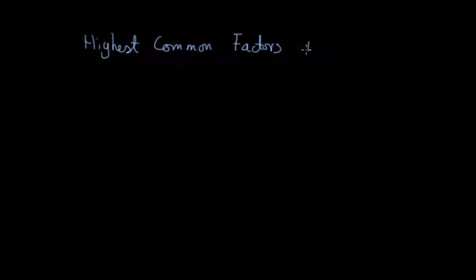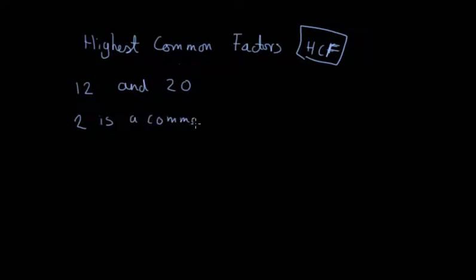So we're going to think, if we have two... when we talk about highest common factors, I'm going to write HCF because it's quicker. So let's think of two numbers. Let's think of 12 and 20. Now we can see both are even, so 2 is a common factor. 4 is also a common factor.